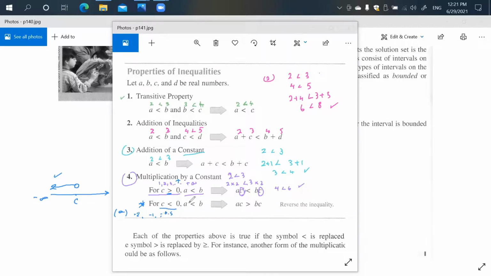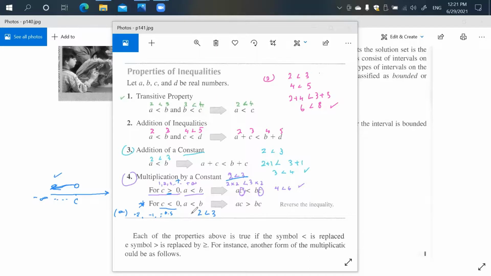Now we see why the negative affects this one. Again, for this one, A less than B, I use the same numbers as the first condition: A is 2, less than B is 3. Once you times C with the less than, you times with a negative sign. It can be any number, a negative decimal, a negative fraction, negative thirds, or that kind of thing.